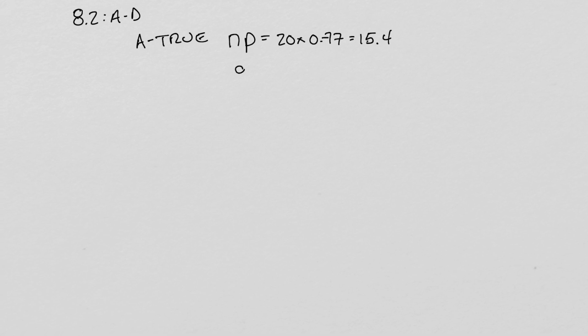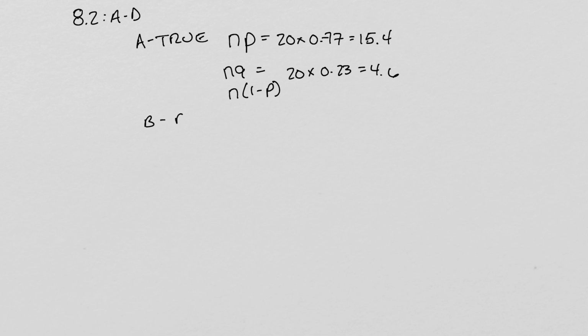And n times q, or n times 1 minus p, is equal to 20 times 0.23, which is equal to 4.6. So we know that the distribution of p-hat is not approximately normal. In most samples, we expect p-hat to be close to 0.77, the true population proportion. So that's why that is true.